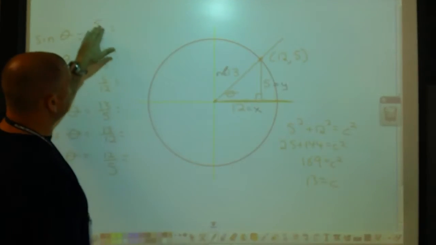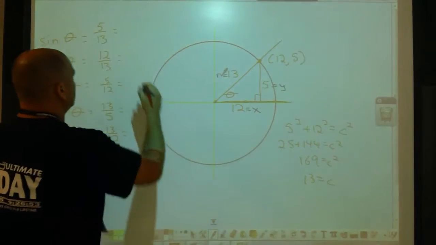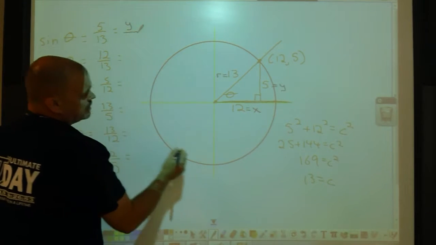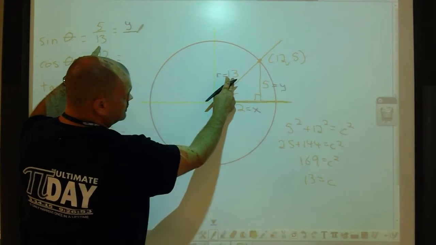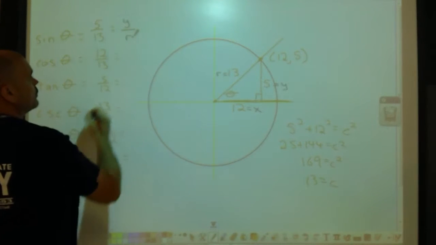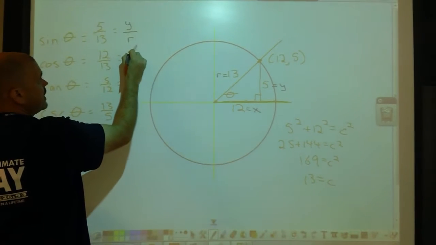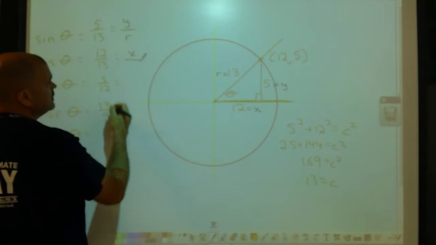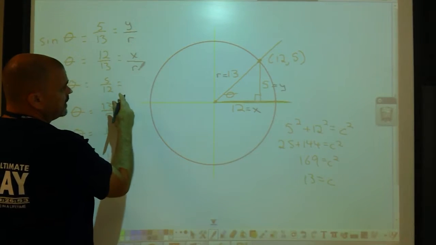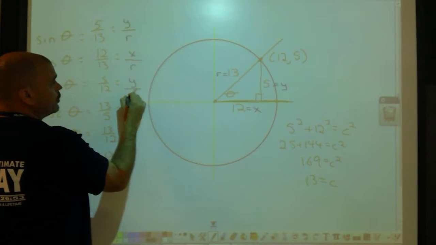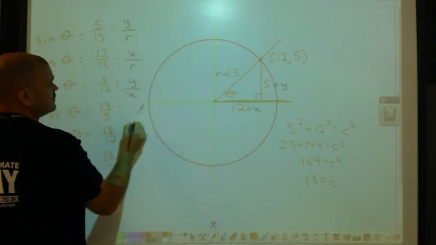Generally speaking, 5 is my y value, and 13 is the radius, so that's y over r. And 12 is my x value over r. And then 5 is my y value over my x value.